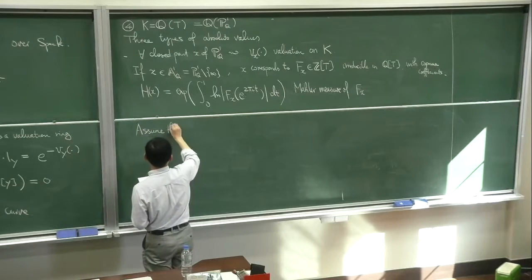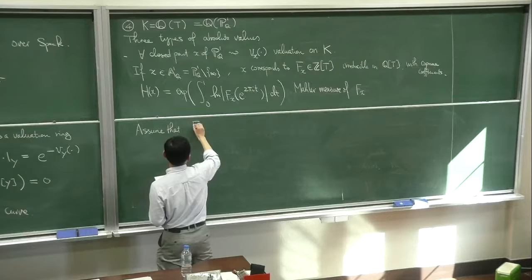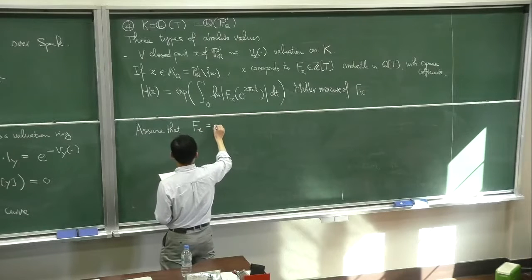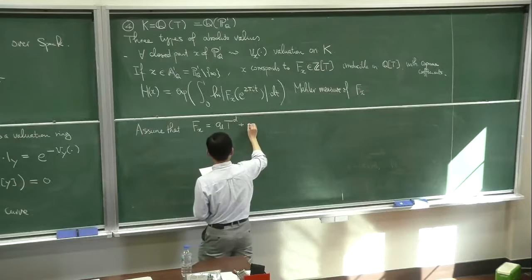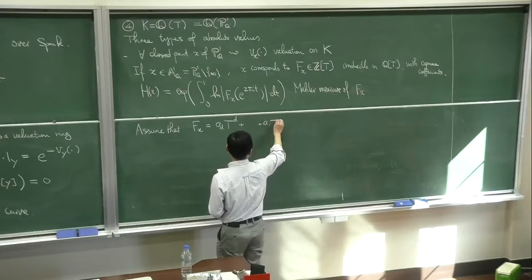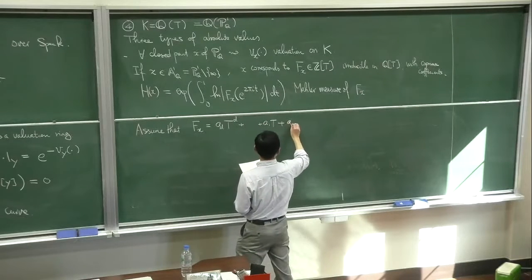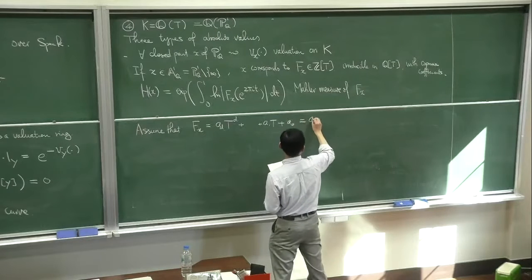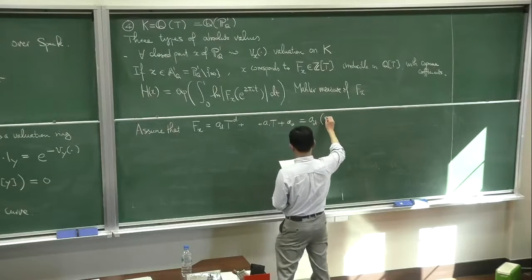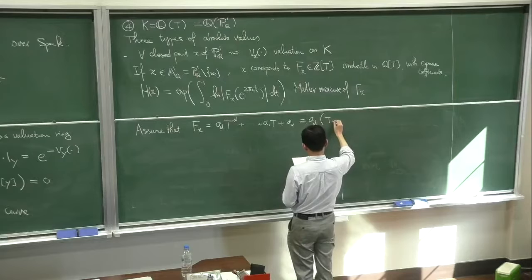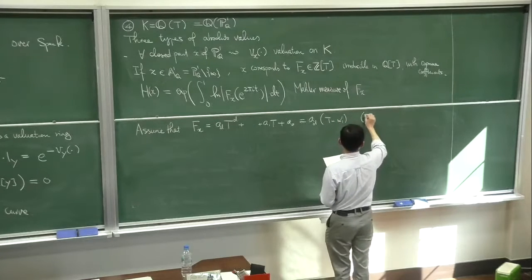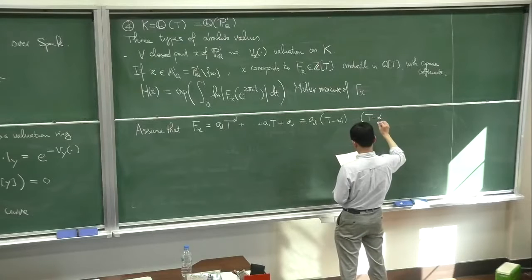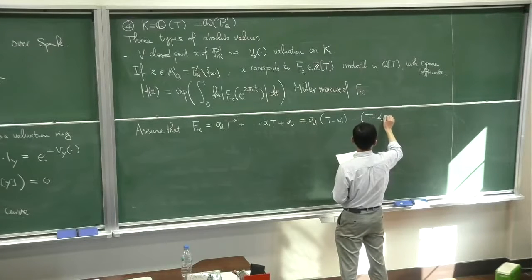Assume that f_x is given by a_d t to the power d plus etc. plus a_1 t plus a_0, which is written as a_d times (t minus alpha_1) up to (t minus alpha_d).